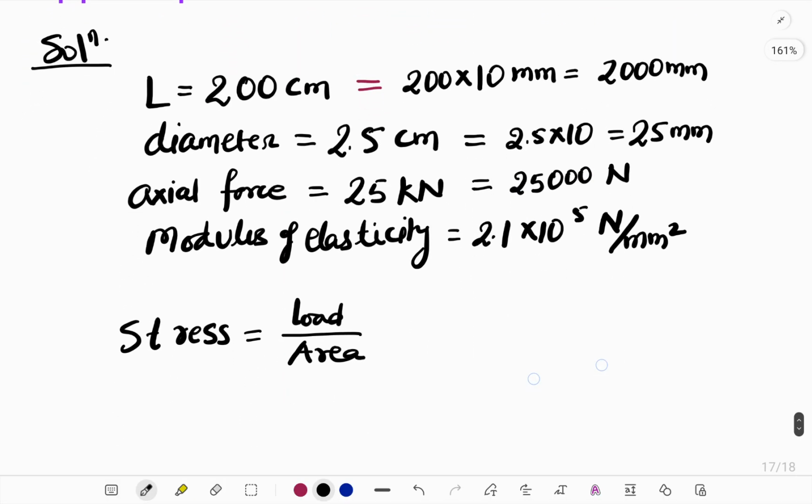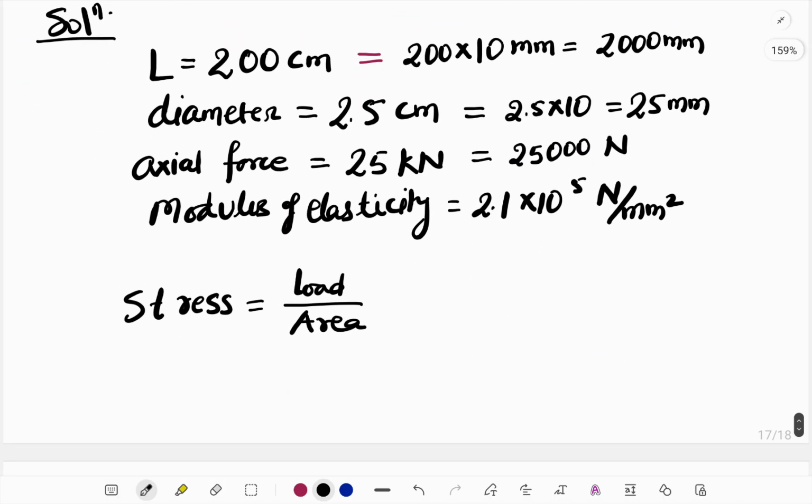Next we'll move to the stress. The first point is to find the stress. Stress is load per unit cross-sectional area. So we have the load, and we need the area. As we are taking a circular cross section, area is equal to pi by 4 into d square.